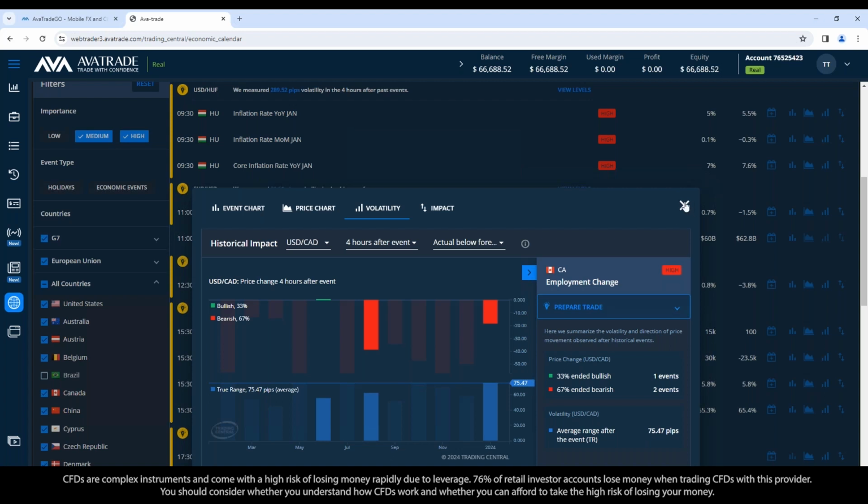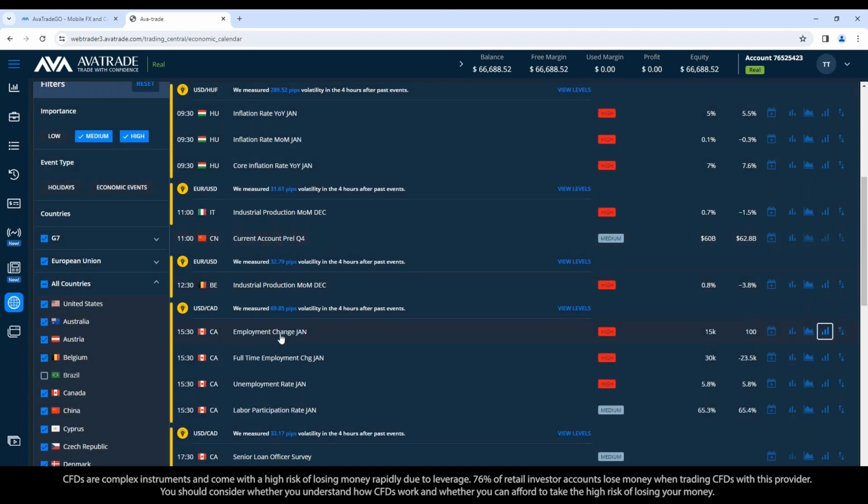Okay? So make what you will of that, but that's an interesting set of data that seems to be strongly leaning towards a strengthening Canadian dollar against the USD with this particular announcement. Okay?